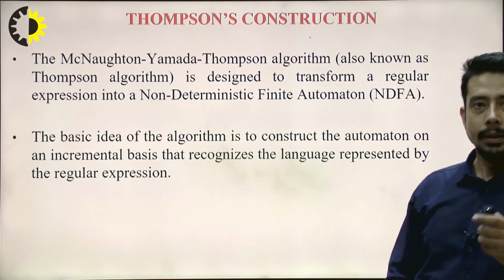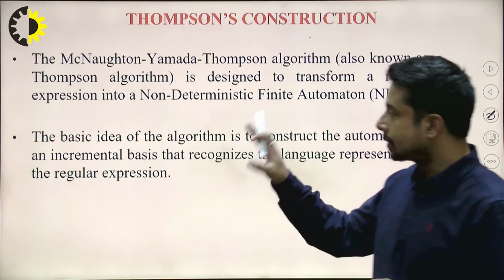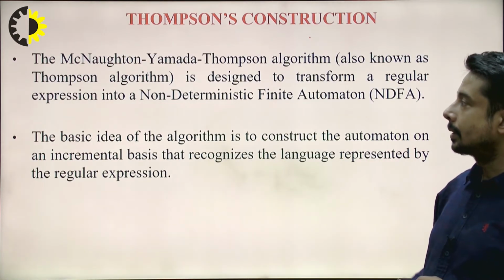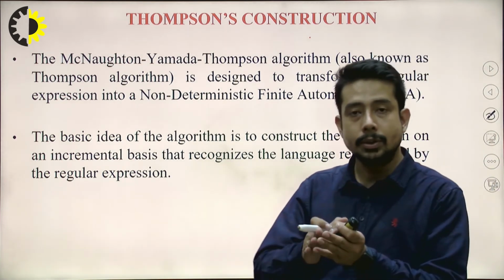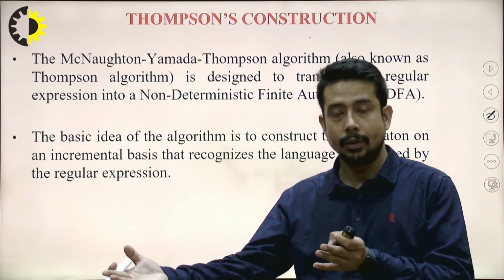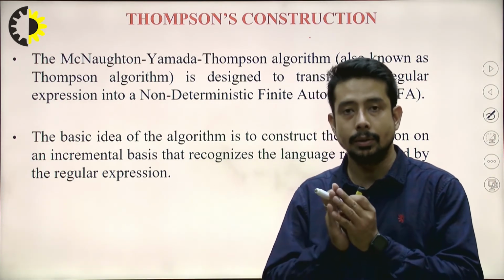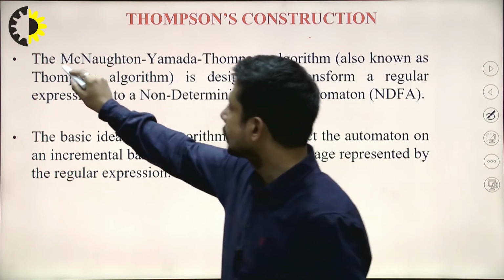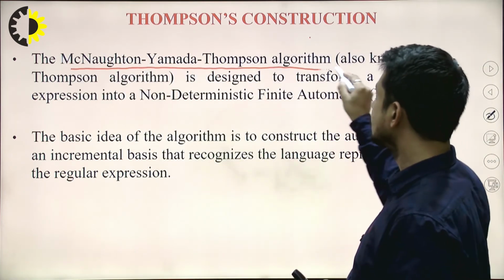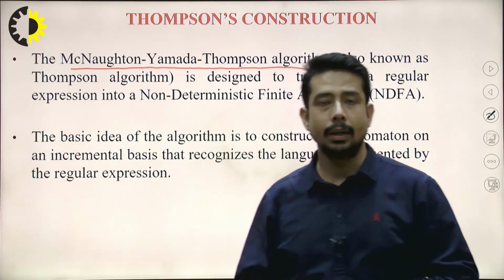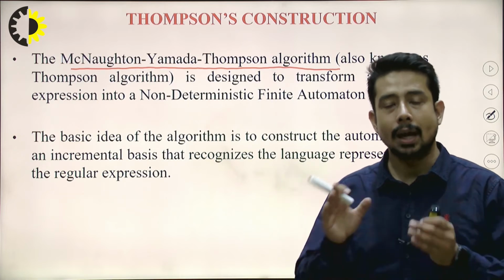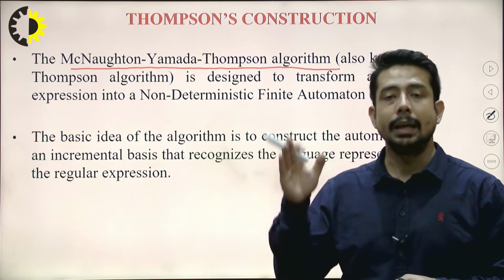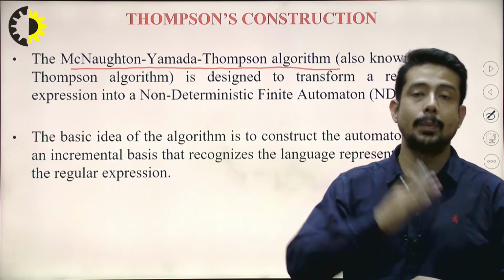Clear? Next comes Thompson's construction. Now this is one of the important concepts behind conversion of a regular expression to an epsilon NFA. Thompson's construction, its full name is McNaughton-Yamada-Thompson algorithm. What this algorithm says is how we convert a regular expression to an epsilon NFA.